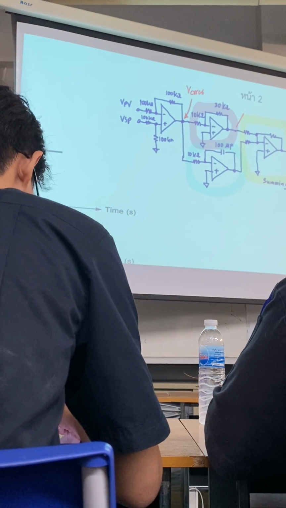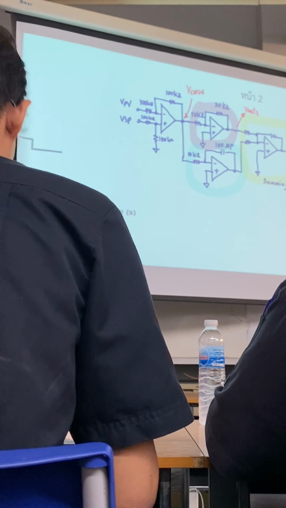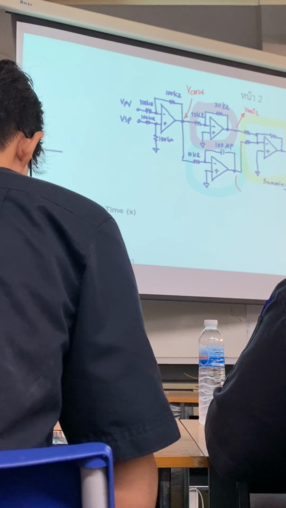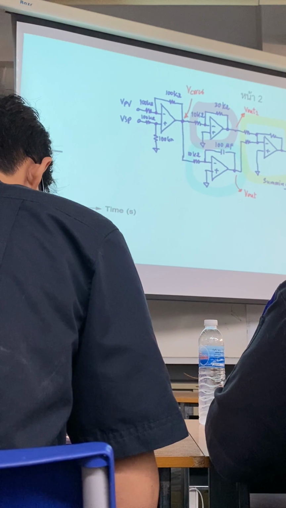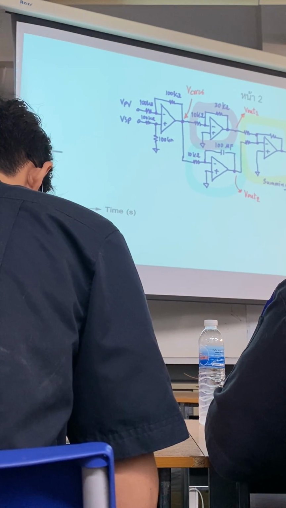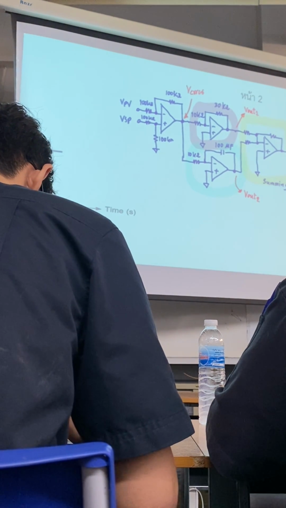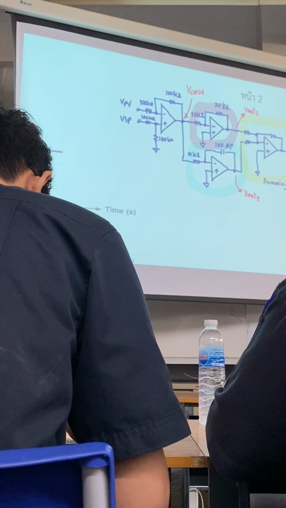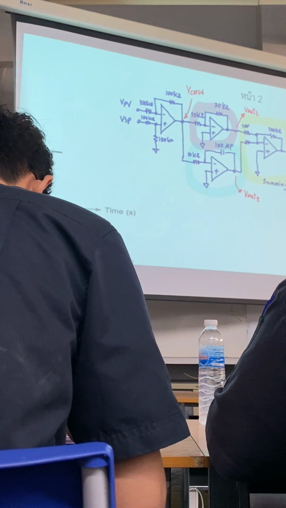The output from the P controller I will call V out 1, and the output from the I controller I will call V out 2. Of course, because we don't need any gain at the summing amplifier, I can use the same resistor value for all resistors in the circuit.